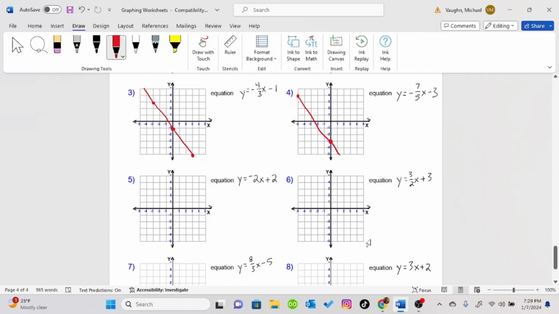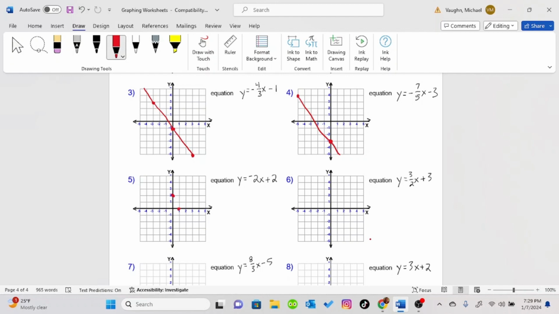Number 5, we can see that the y-intercept is +2. So we start by putting our y-intercept point at 0, 2. Now we have a slope of -2. That means go down 2, right 1, and put a point.